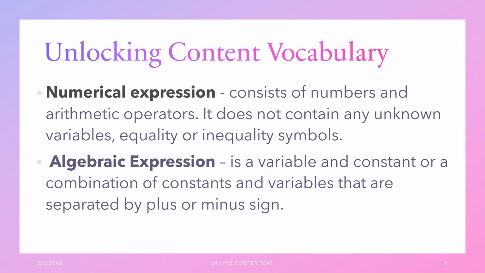So for unlocking content vocabulary, before we start, we have this: a numerical expression consists of numbers and arithmetic operations. It does not contain any unknown variables, equality, or inequality symbols. An algebraic expression is a variable and constant or a combination of constants and variables that are separated by plus or minus.